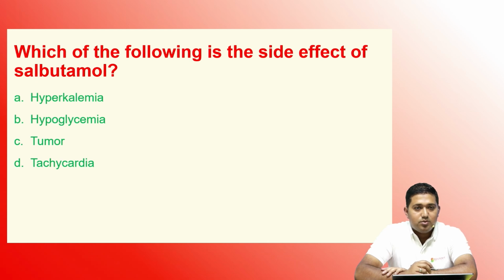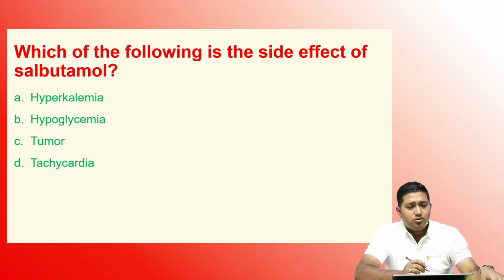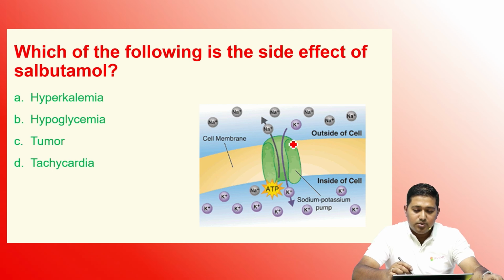As we all know, salbutamol is a beta 2 agonist, and once you give this drug, it acts on the skeletal muscles and activates the sodium potassium ATPase pump. Once the pump is activated, the potassium that is present outside will move inside the cell, and this is going to cause hypokalemia and not hyperkalemia.